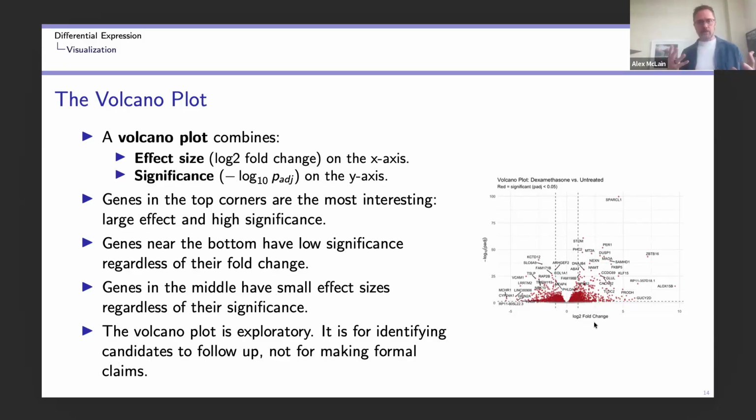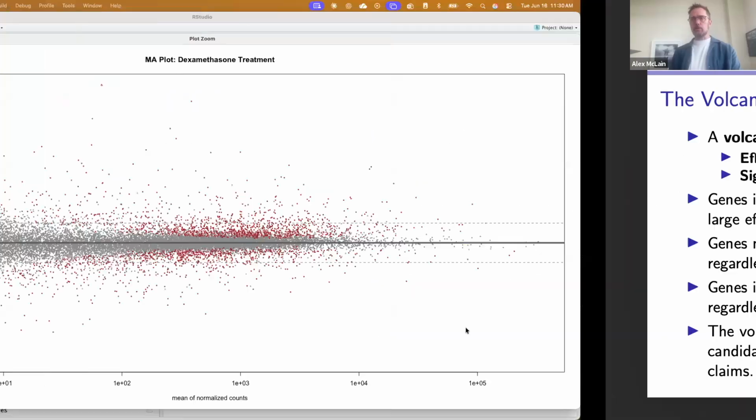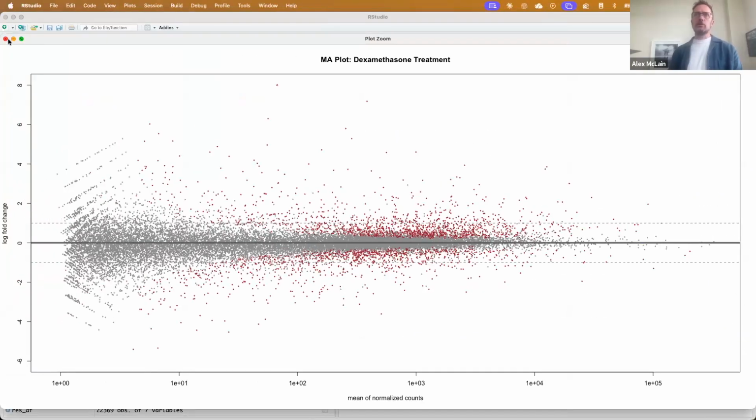And as I said, we want to be looking at both of these things. Genes near the bottom are going to be those that have low significance. Genes in the middle are going to have small effect sizes. This is kind of just exploratory for identifying variables that we want to follow up with.